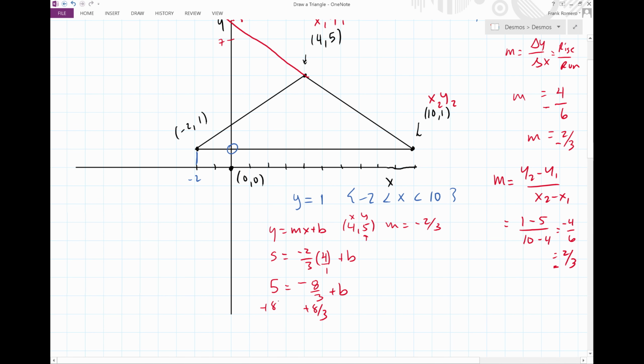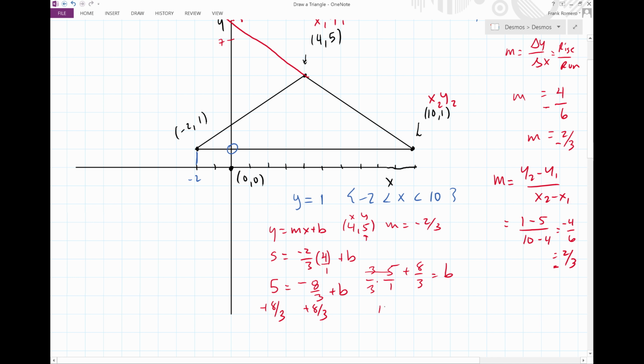Okay, I'm going to add 8/3. We're going to add 8/3. So that's 5 plus 8/3 equals b. We're going to change the 5 into a denominator that has a 3. So we're going to multiply by 3/3, which is 1, so I haven't done anything.